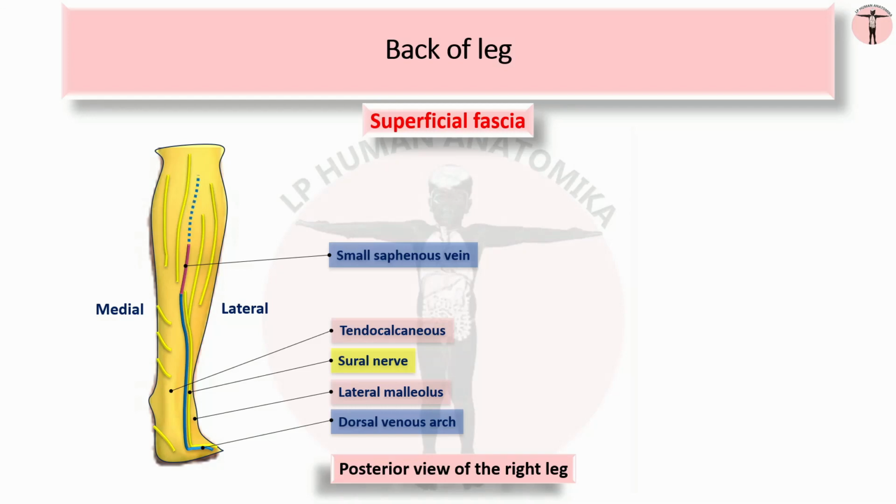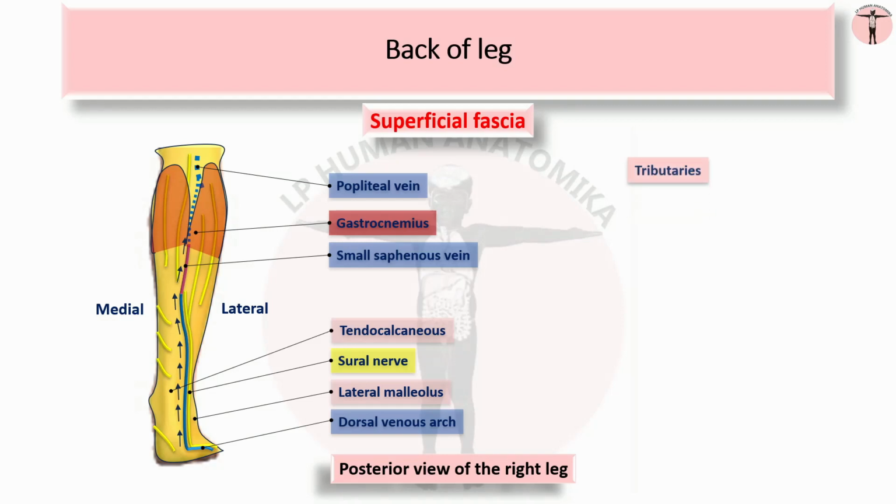The vein pierces the deep fascia and passes between the two heads of gastrocnemius muscle in the lower part of the popliteal fossa. It ends in the popliteal vein. The small saphenous vein has numerous valves along its course directing the blood towards popliteal vein against gravity.